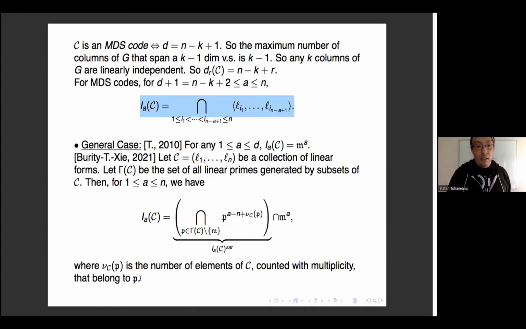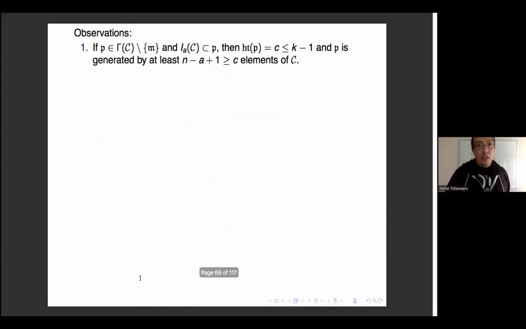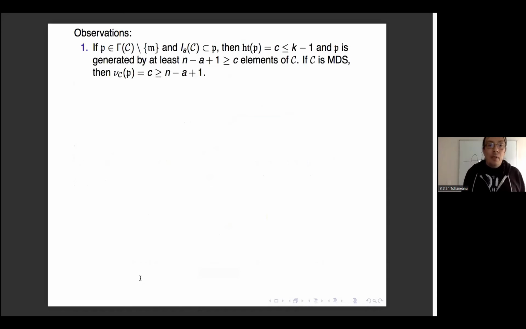So for example, the first one with MDS code.